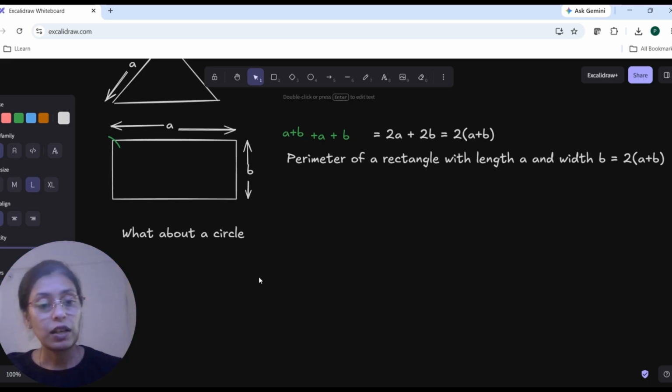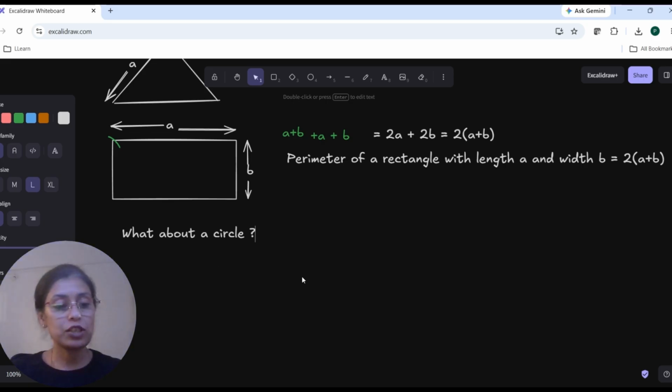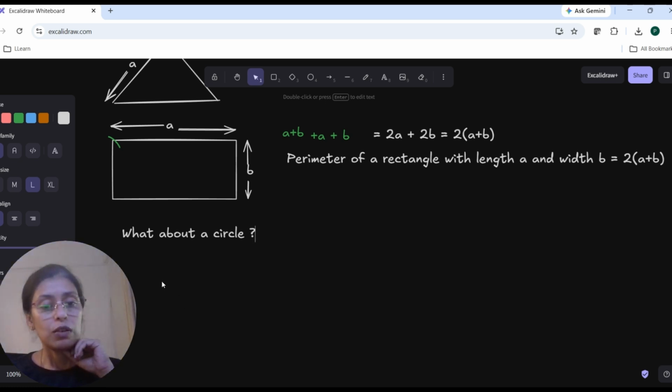So it will not be exactly the same as what we have been doing here. To find that out, long back, our mathematicians tried to explore this: what will be the perimeter of a circle? So they started finding out about the relation between the side and the perimeter.